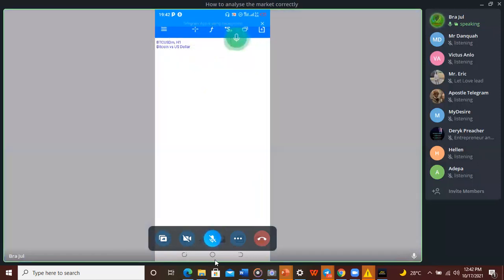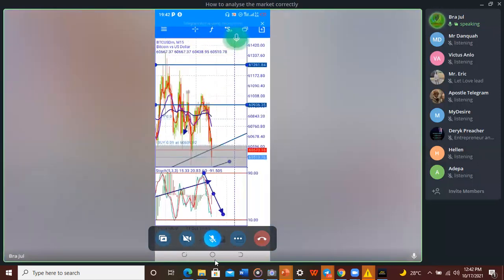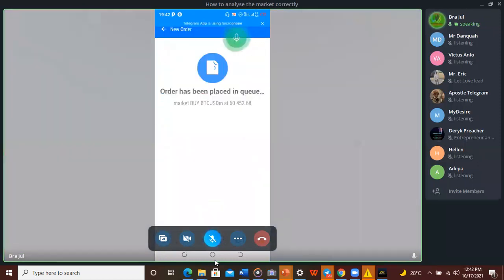So as you come to the lower time frame, watch how the angles are forming. Maybe if you want to enter your positions as it's going down, you are buying and seeing whether it's going to respect that.